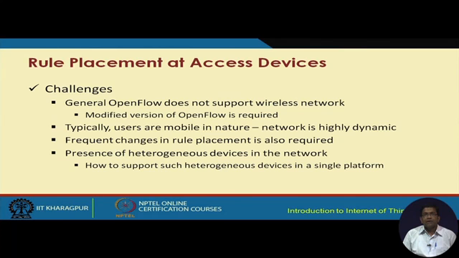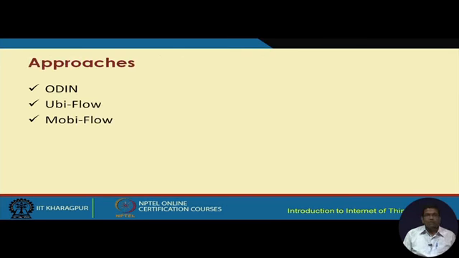So, the last challenge is different types of heterogeneous devices having different configurations, supporting different vendor specific solutions and protocols and so on exist in a realistic mobile based IoT network. So, how to support such heterogeneous devices in a single platform? So, these are the challenges that have to be worked upon in order to deal with the rule placement issue.